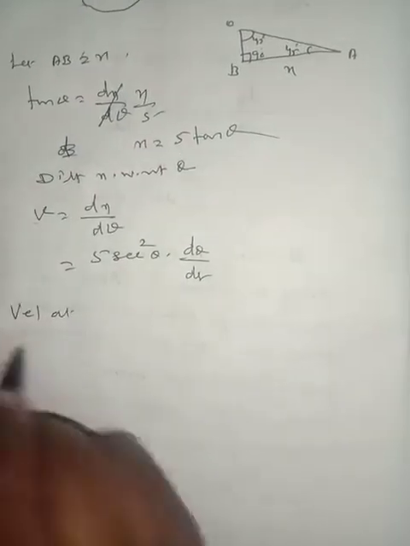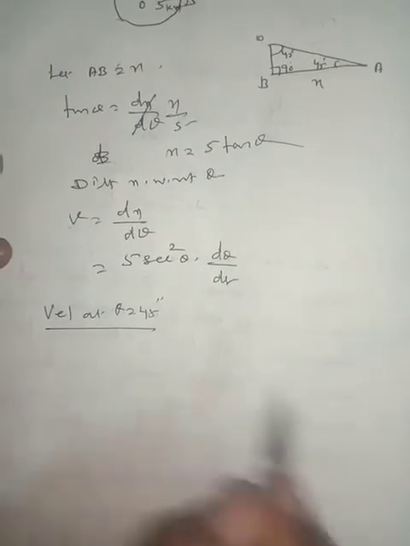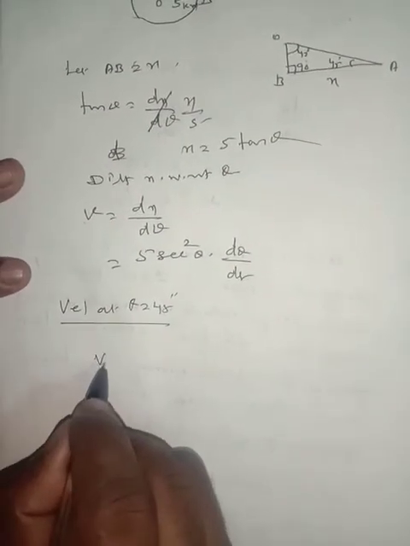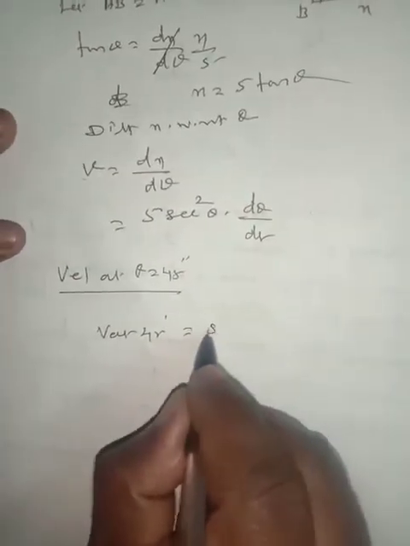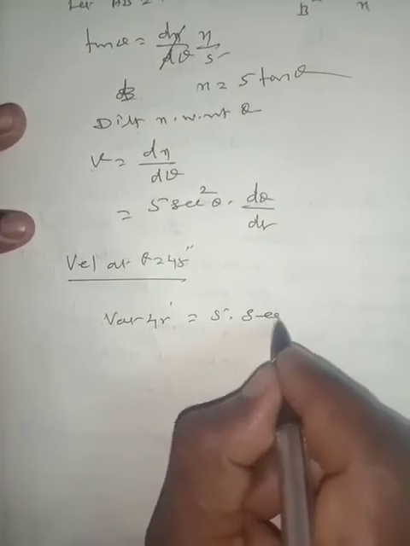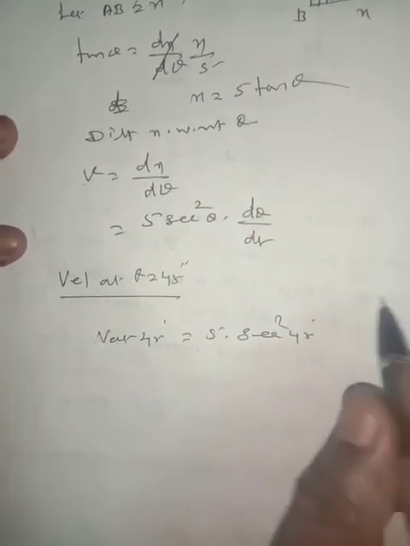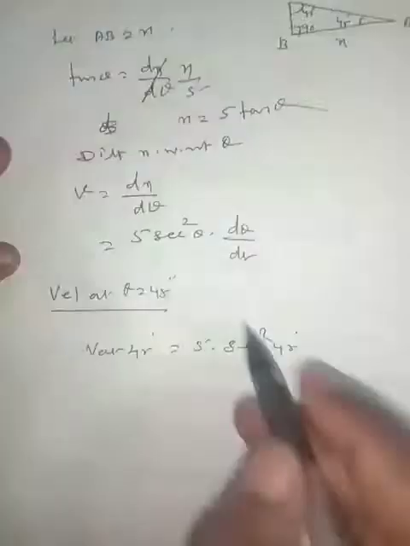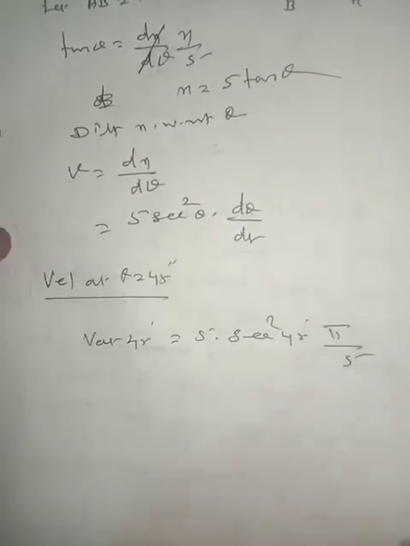Velocity at theta equal to 45 degree: V at 45 degree is equal to 5 into secant square 45 degree into d theta by dt, which is pi by 5.